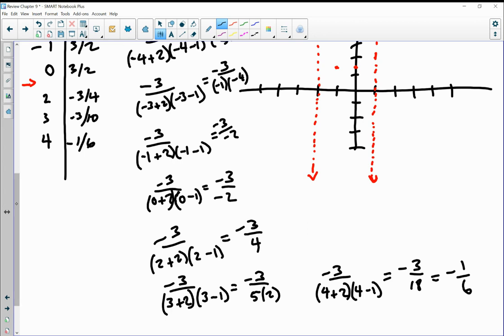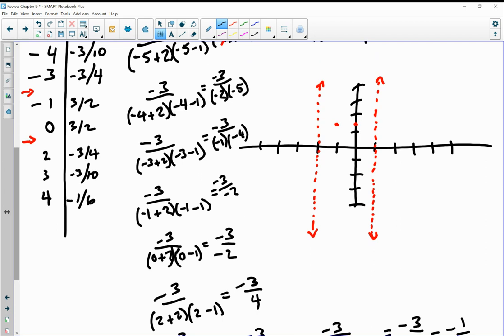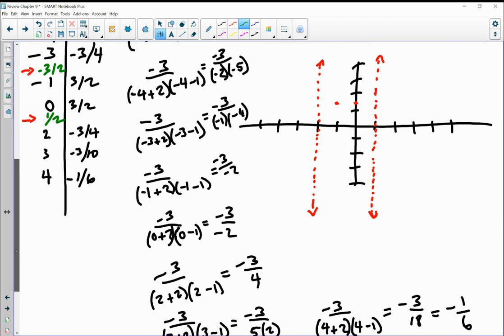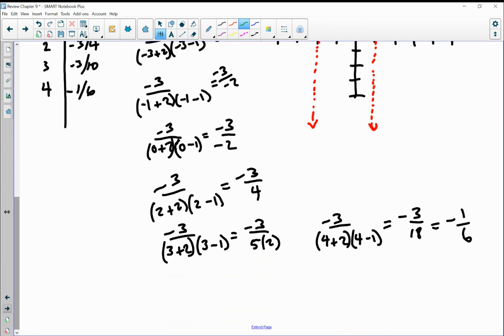Okay, let's fill in those points now that we mentioned earlier. So between negative 1 and negative 2, we could plug in negative 3 halves. And then between 0 and 1, we could plug in 1/2. Remember, the reason why we're adding these additional points is we want to see which direction this is going to go. Is it going to go up this way or down this way? So let's plug those in.